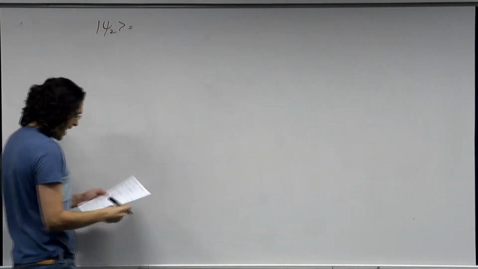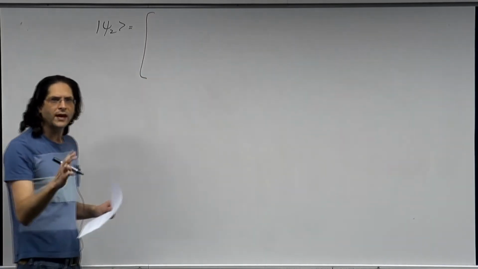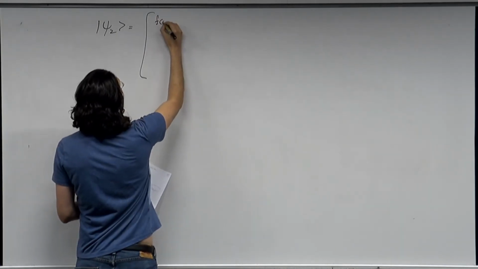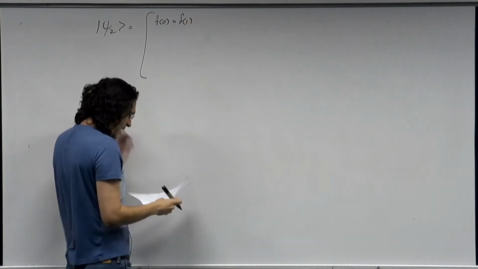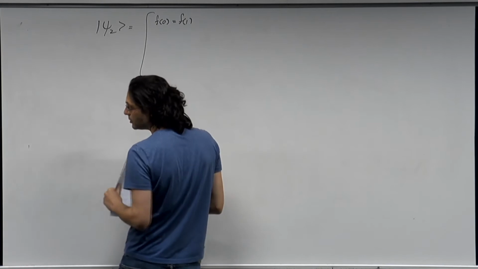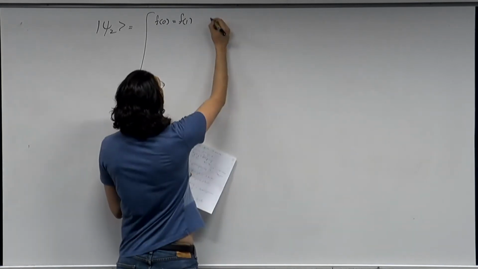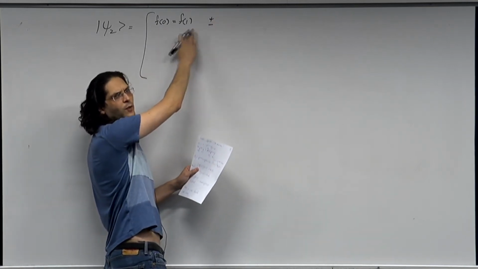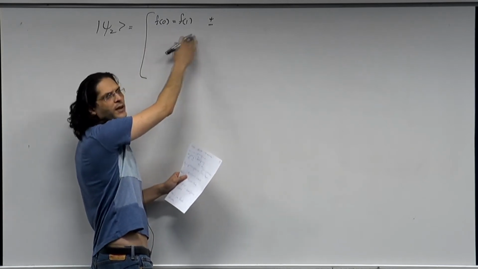And to make it simple and explicit, we're going to divide psi 2 into 2 cases. One case where f of 0 equals f of 1. In that case, if we plug in to what we wrote, just like I explained a second ago, we will get plus or minus depending on whether f of 0 equals f of 1 equals 0, or f of 0 equals f of 1 equals 1.